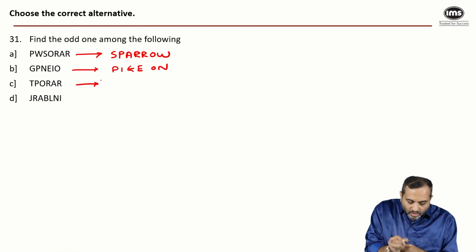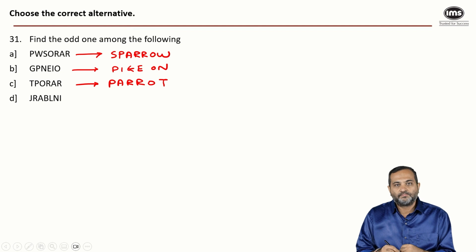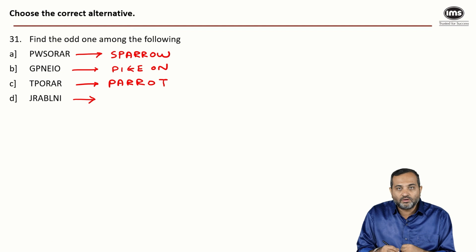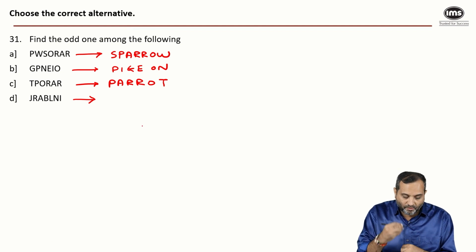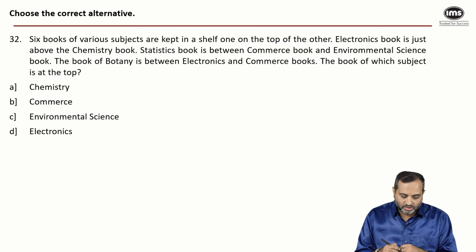Third, I can see a word parrot from here. Fourth, can you think of any word from here? I cannot think of a bird from here, and hence I mark the fourth option as the answer. Let's look at the next question.